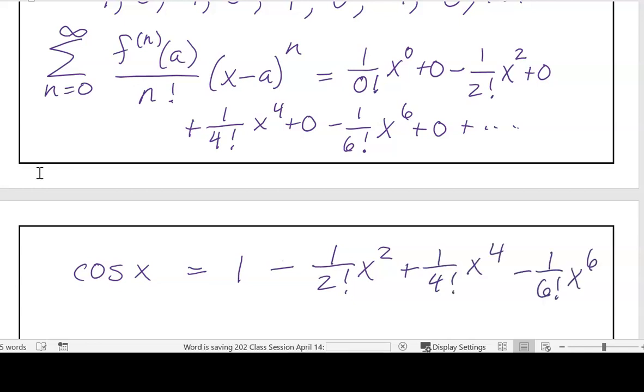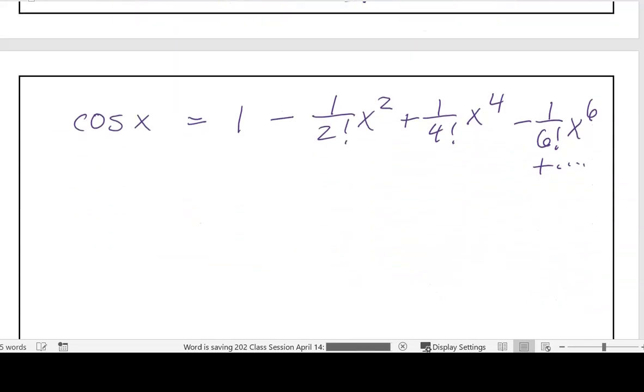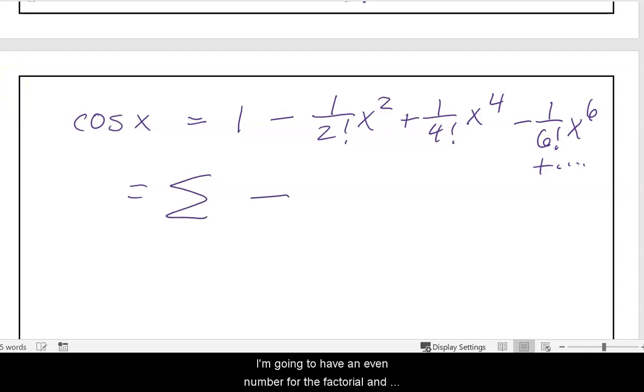Okay. So then it keeps going from that point on, dot, dot, dot. And then once I have those terms written out, then I can more easily see the pattern. So again, the first term doesn't always give us the pattern, but the second, third, fourth, and so on will. So it looks to me like I have a sum. I'm going to have an even number for the factorial and an even number for the power.